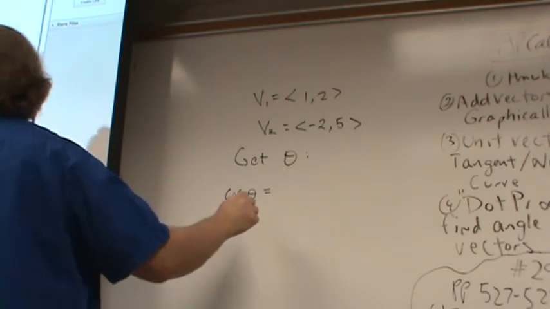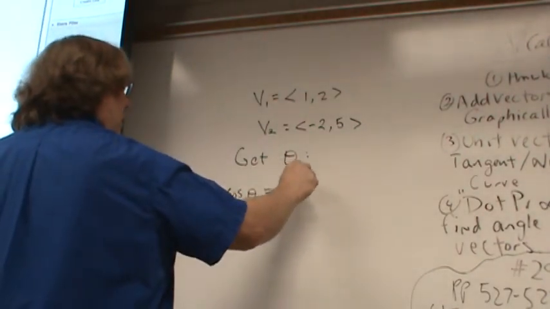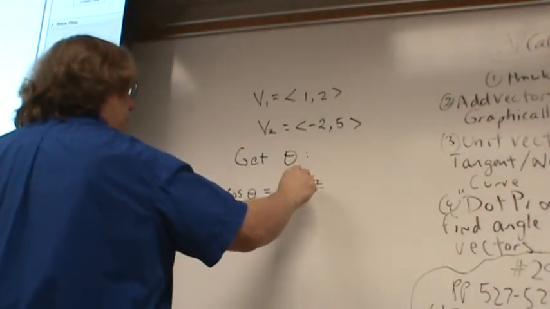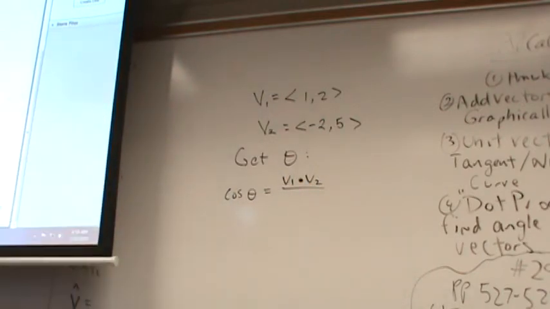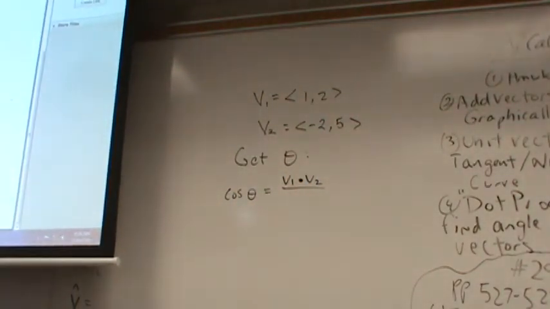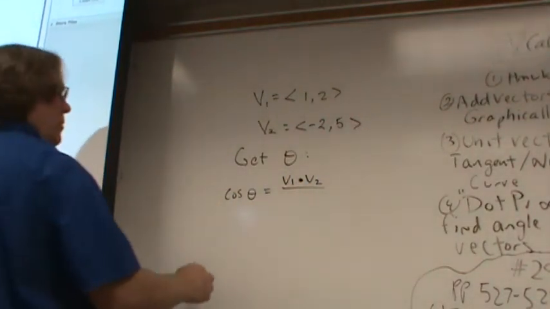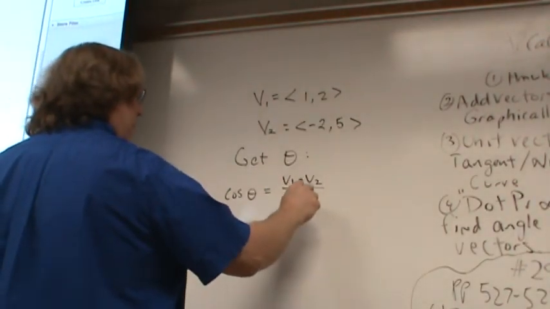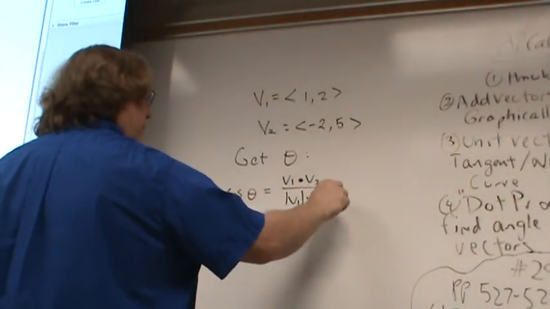Cosine theta equals v1 dot v2. And by the way, the dot of a dot product has to be a really thick dot. It can't be a little teeny dot or it looks like normal multiplication. And this will be divided by the magnitude of v1 times the magnitude of v2.